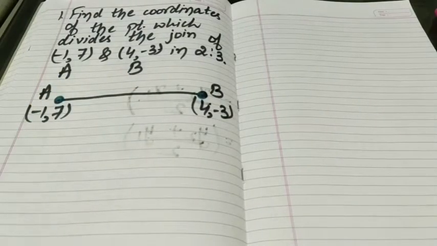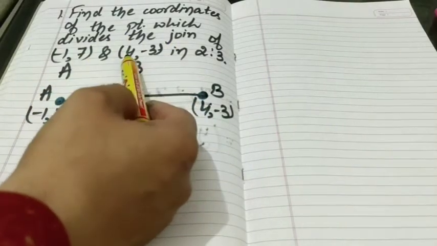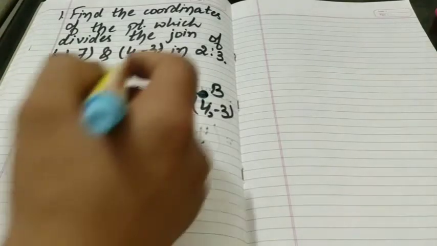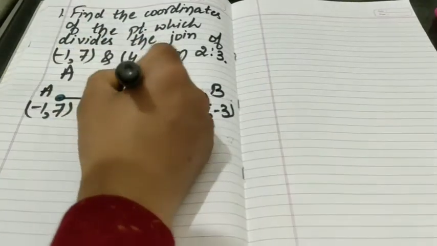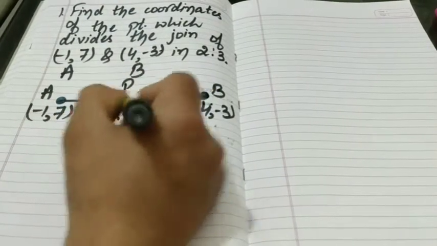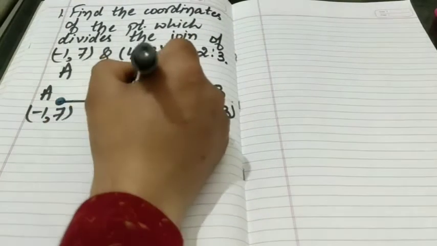Since it is given that the point divides the join of these points in 2:3, they haven't mentioned internally or externally, but since they say it divides the join of these points, obviously the required point divides the join of point A and point B internally only. So let us suppose that P is the required point which divides the join of point A and point B in 2:3, and we have to find the coordinates of point P. Let the required coordinates be (x, y).